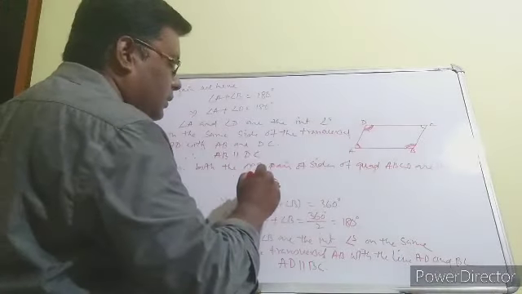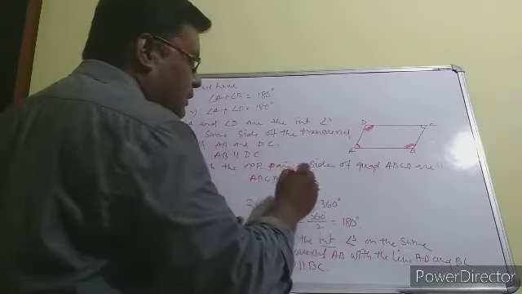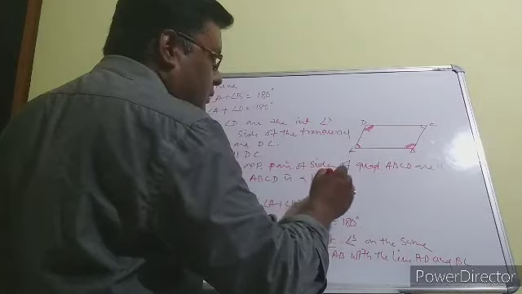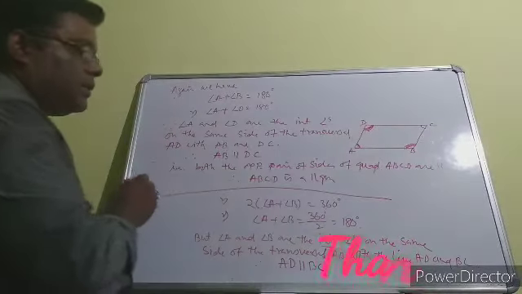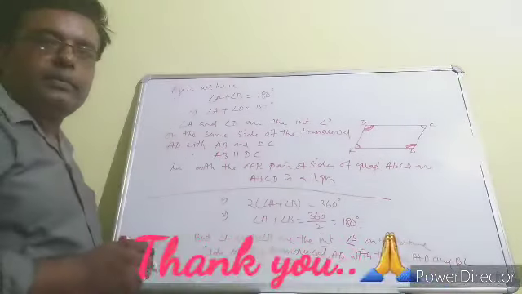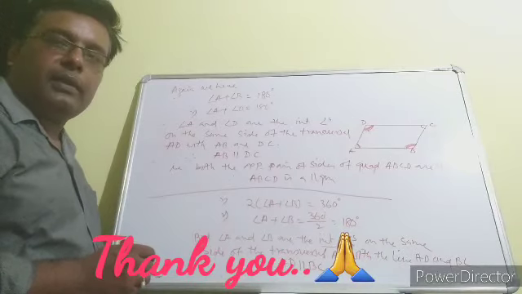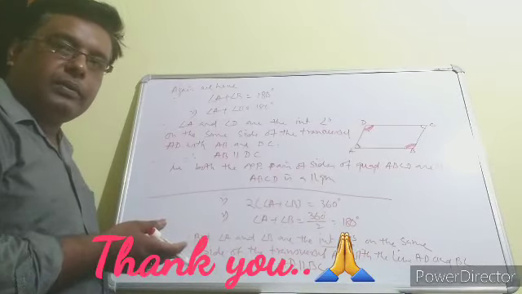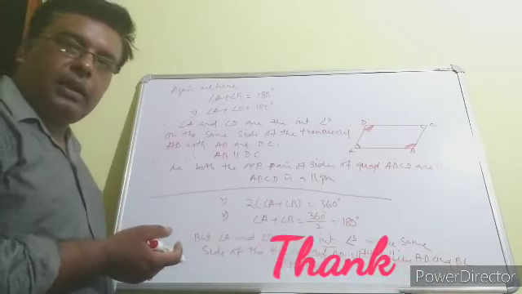Therefore, ABCD is a parallelogram. So, this is the proof. Very easy proof. Practice it. Thank you.